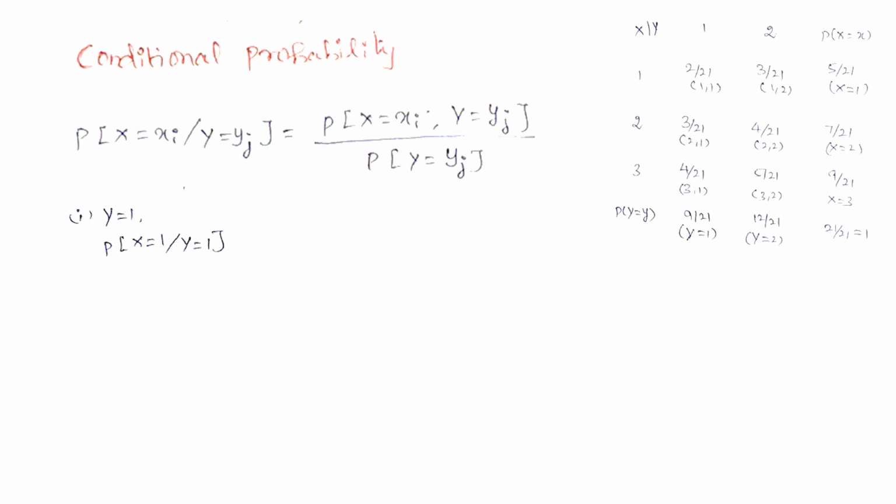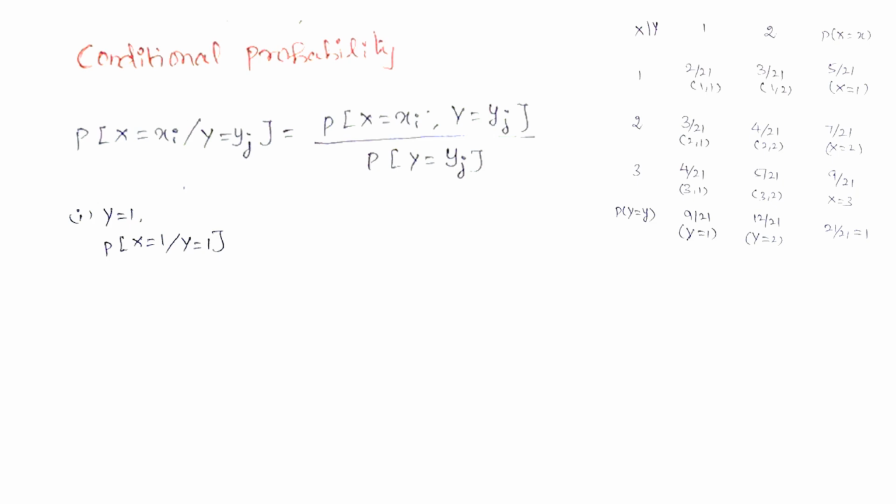In addition, x varies up to 3 whereas y varies up to 2. So I am going to fix y equal to 1 and change the value of x, that is x equal to 1, x equal to 2 and x equal to 3.